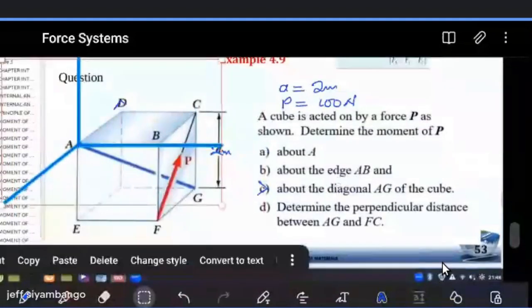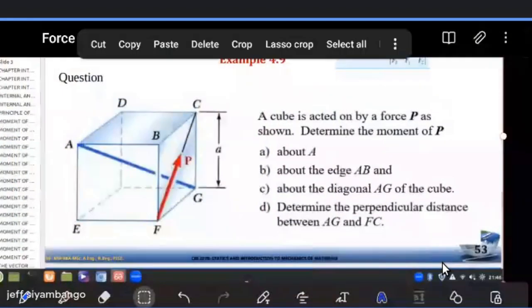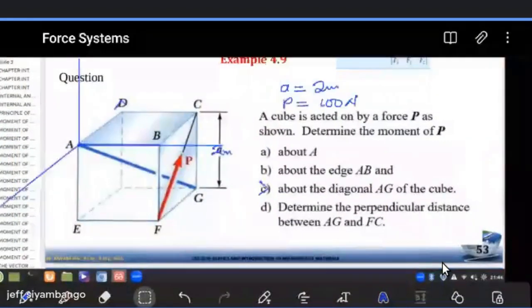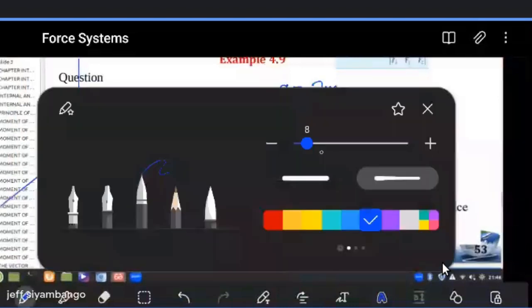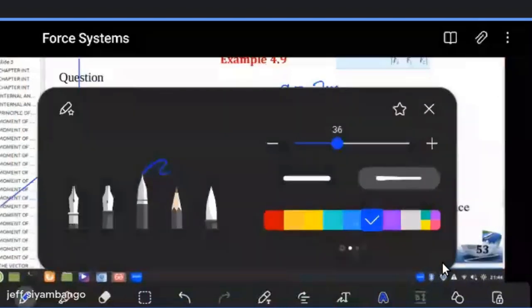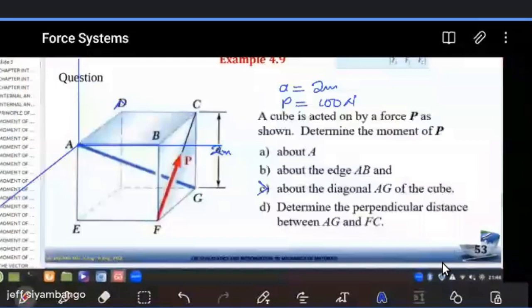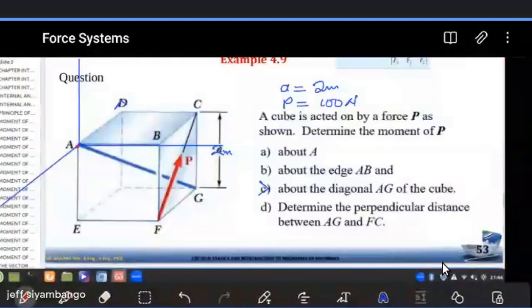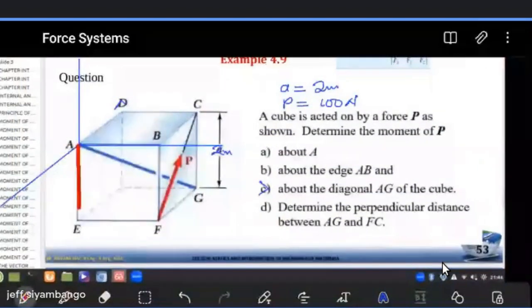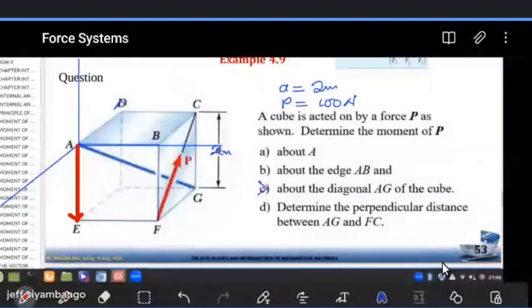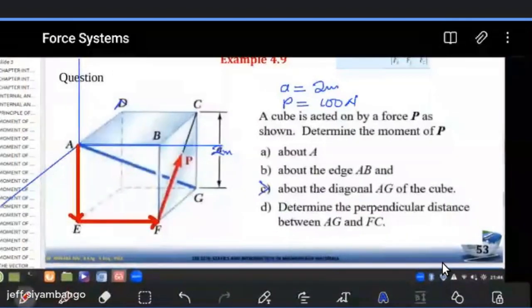Since I'm running from A to F, I'll put my origin at A. Then I start my displacement from the point A going to F. Notice that all I have to do is move down in the Z-axis towards E. After that, I'll move from E parallel to the Y-axis until I reach F. I've already achieved that displacement from A to F just with this.